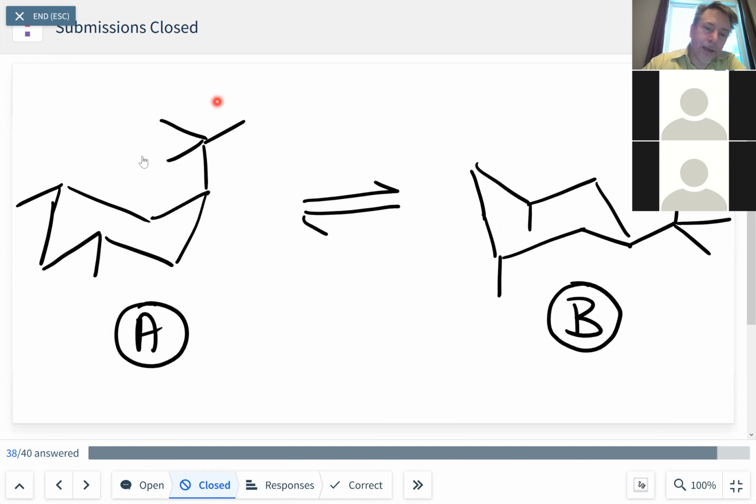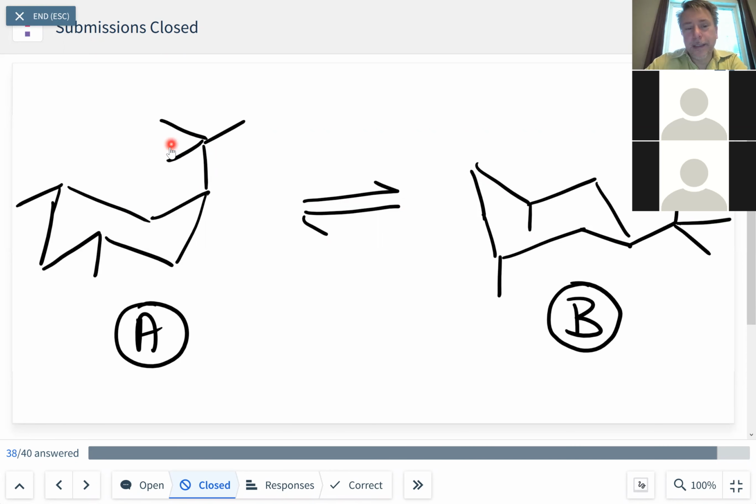It is so big that in the 1,3 axial position, it is so destabilizing. This equilibrium is going to shift to B to put this tert-butyl group equatorial. The only time where you find a tert-butyl group axial tends to be when there's another tert-butyl group equatorial. So it's helpless. In one conformation, it'll be axial regardless.